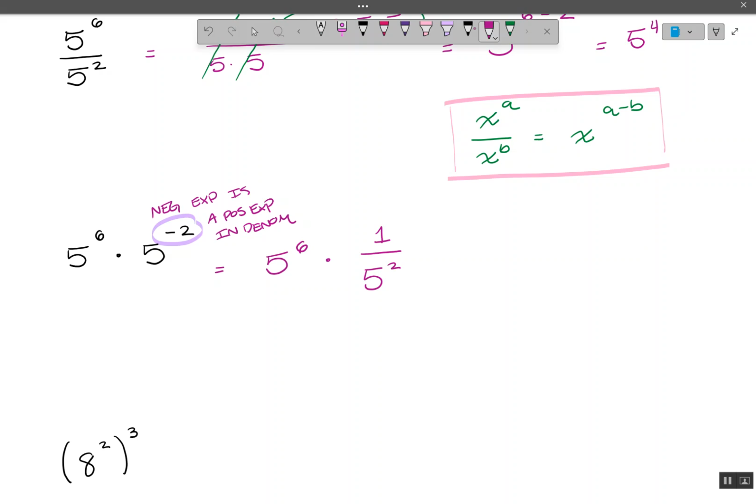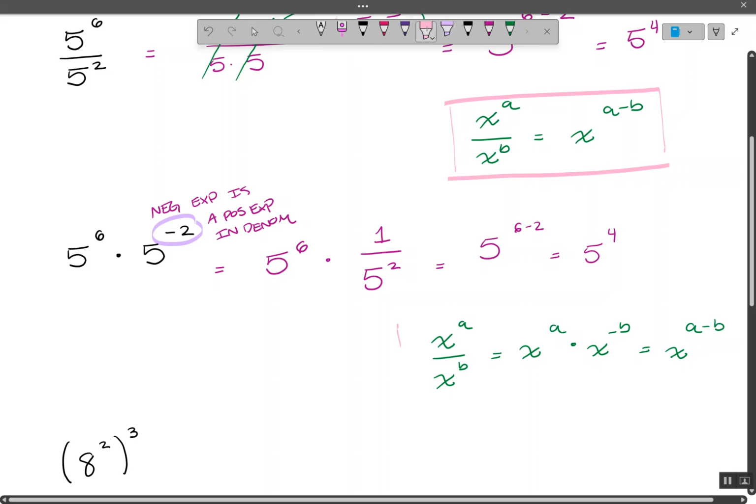So this problem becomes the same as the one before. So we have 5 to the 6th minus 2, 5 to the 4th. But we can apply our first rule and say that x to the a divided by x to the b is the same as x to the a times x to the negative b. So now I'm just going to add a plus negative b. So that just becomes subtraction.